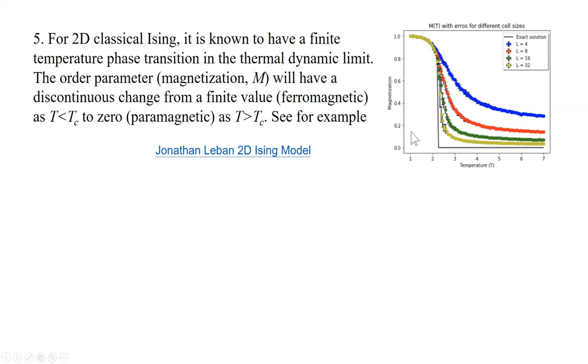In the lower temperature region, we call it the ferromagnetic phase. Before going to the thermodynamic limit, as the lattice size goes from small to large, you can see that it changes gradually to a sharp discontinuous one. Of course, for any finite size, the phase transition is not discontinuous, but that is what we expect and can be proved analytically in the thermodynamic limit.